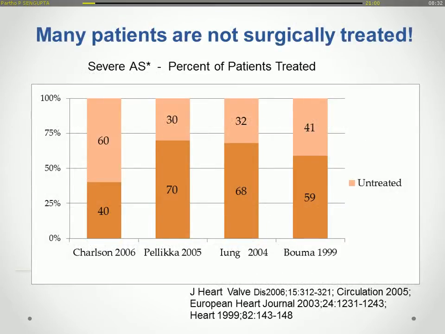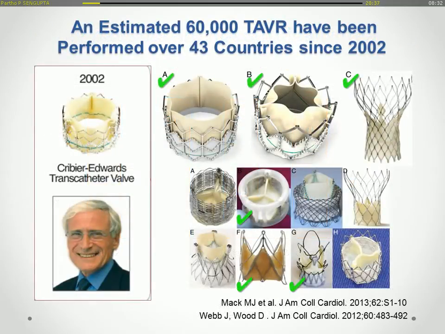The clinical spectrum of aortic stenosis in the last several years has led to a startling realization that nearly 30 to 40% of the patients with aortic stenosis have remained unoperated in the past. And this particular gap in therapy for these patients has led to the evolution of transcatheter approaches.